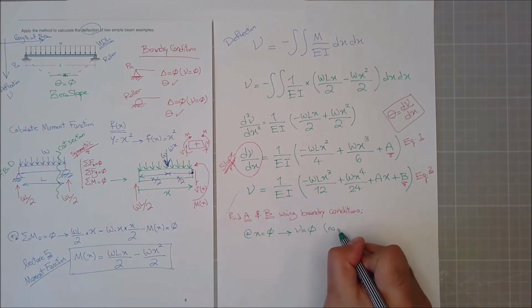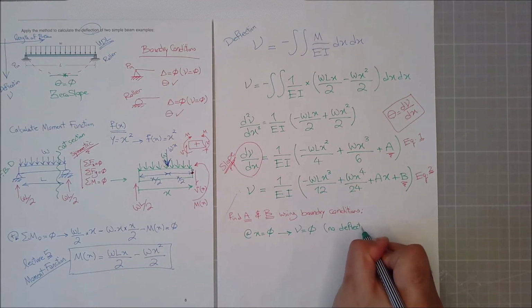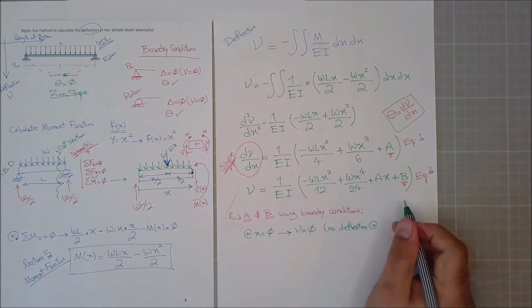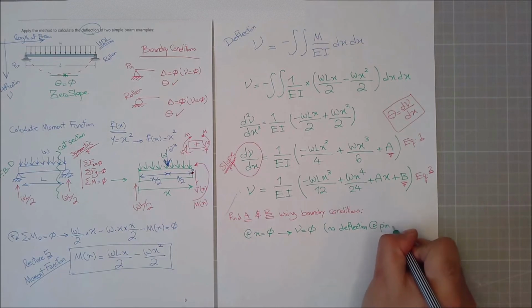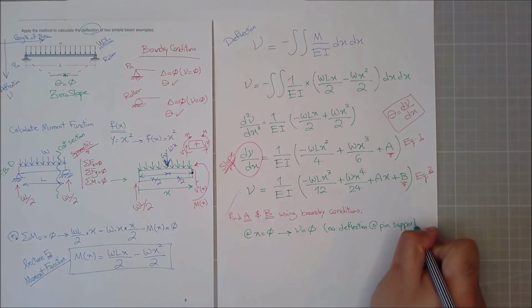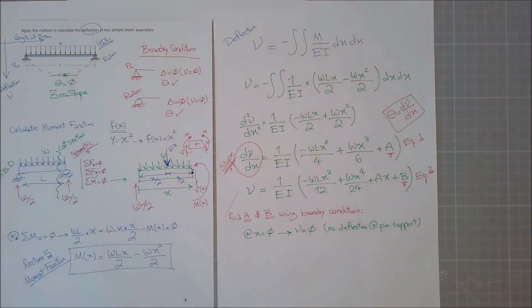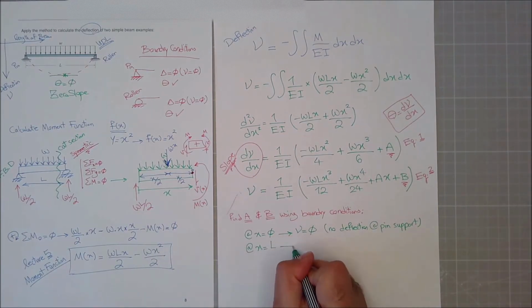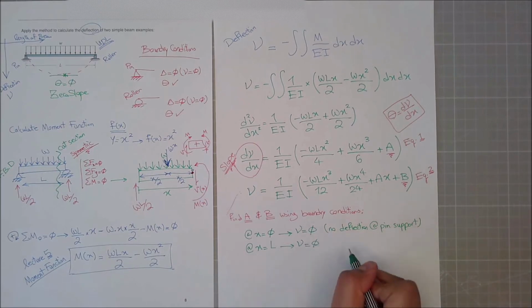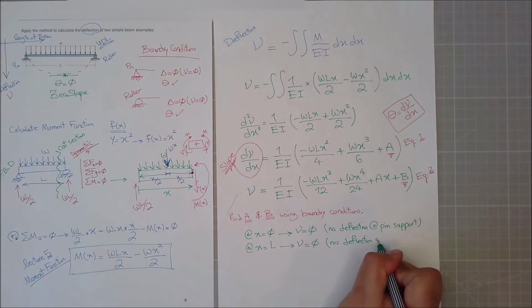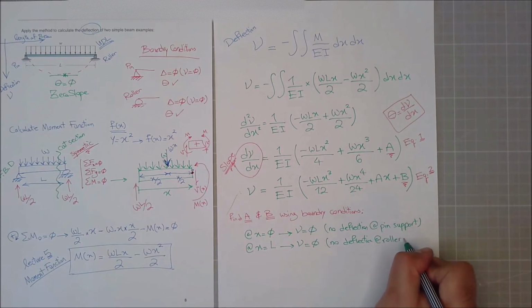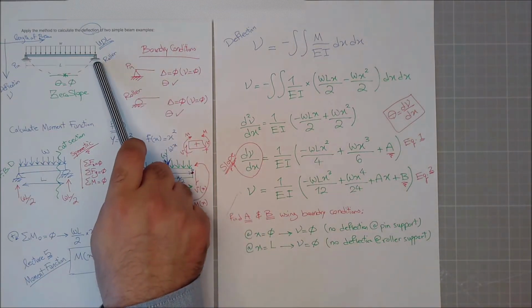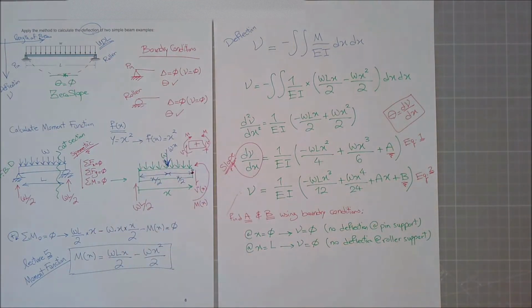So no deflection at pin support, I mean at this point. At x equal to L, my deflection is 0 again, so no deflection at roller support, I mean this point, as we just assumed in the beginning.